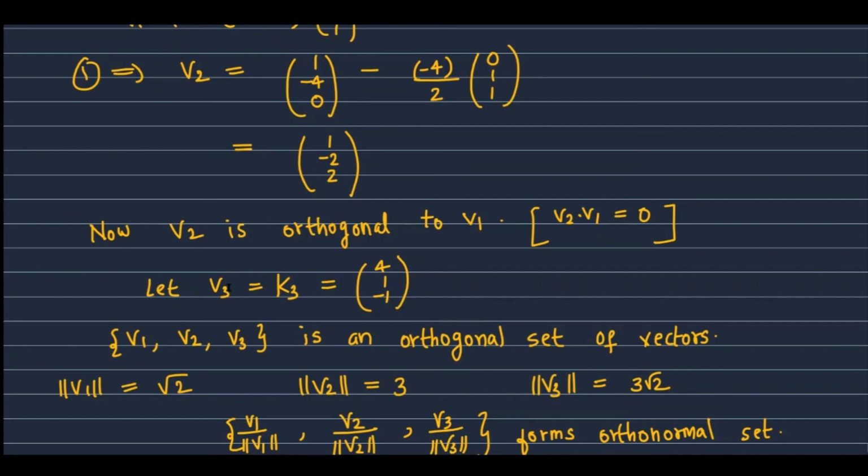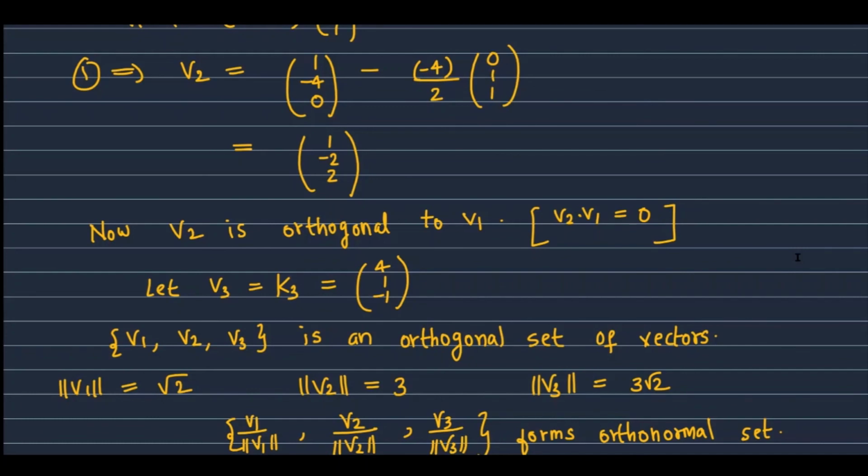And for V3 we can take the same as K3, which is the eigenvector corresponding to the eigenvalue lambda equal to 9. So earlier we have found V3 is 4, 1, minus 1. Now V1, V2, V3 is an orthogonal set of vectors. So by using the Gram-Schmidt process also, we will get an orthogonal set of vectors.